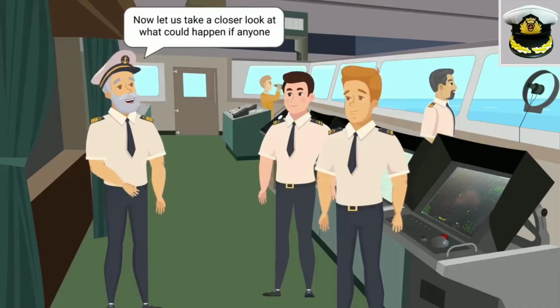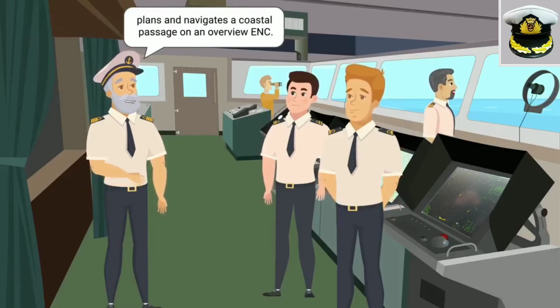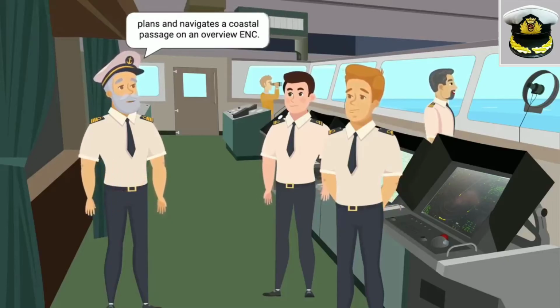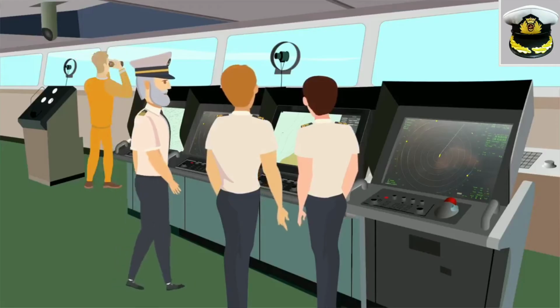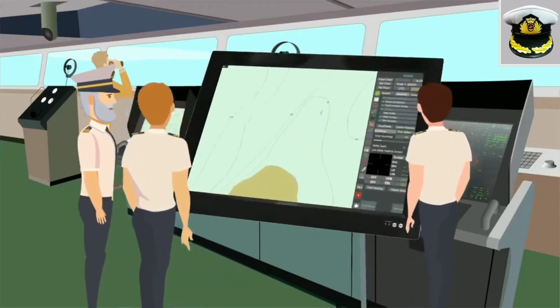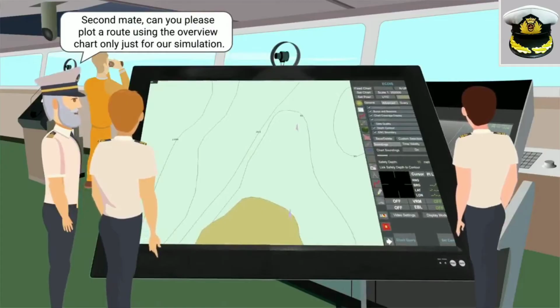Now let us take a closer look on what could happen if anyone plans and navigates a coastal passage on an overview ENC. Second mate, can you please plot a route using the overview chart only, just for our simulation?